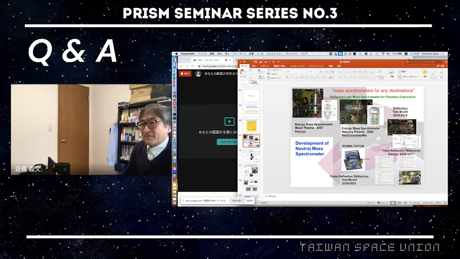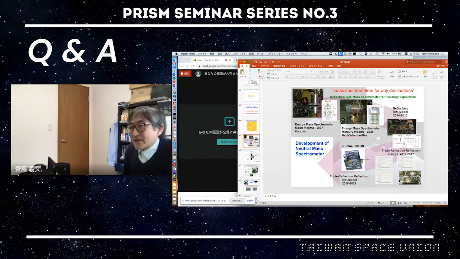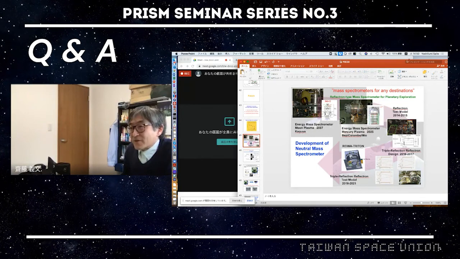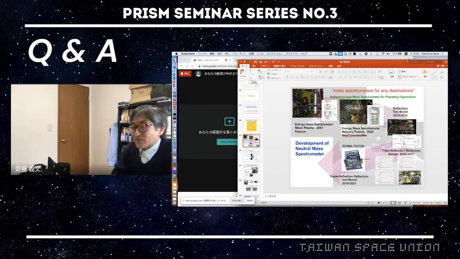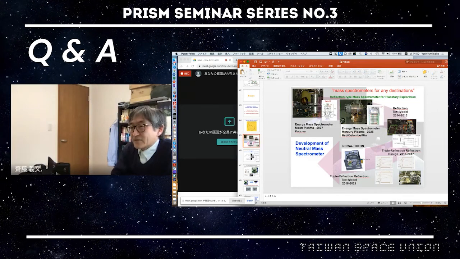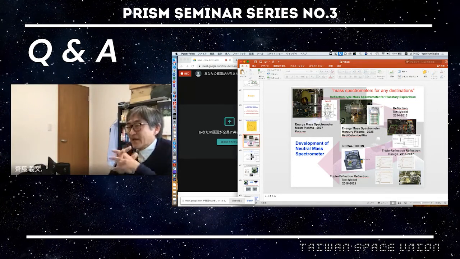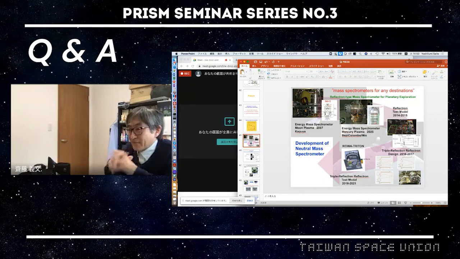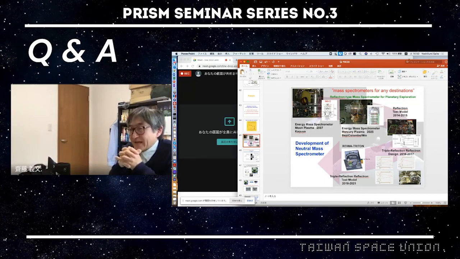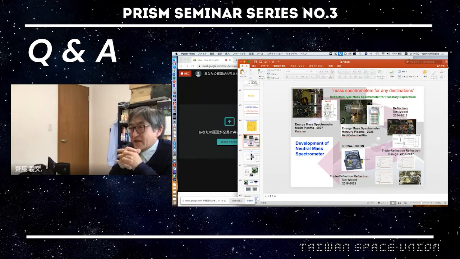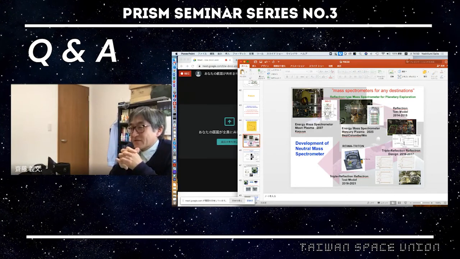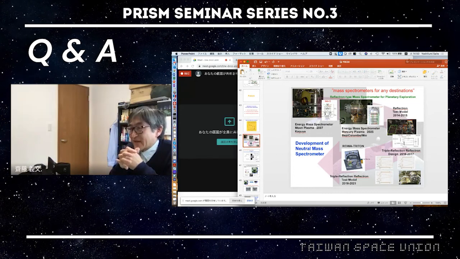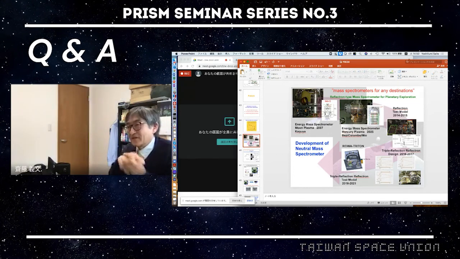For example, the analyzer to be used for the lunar rover has a high mass resolution as high as 100 or 200, and the mass spectrum should be very clear in order to distinguish very near mass species. So that part is a difficult point.